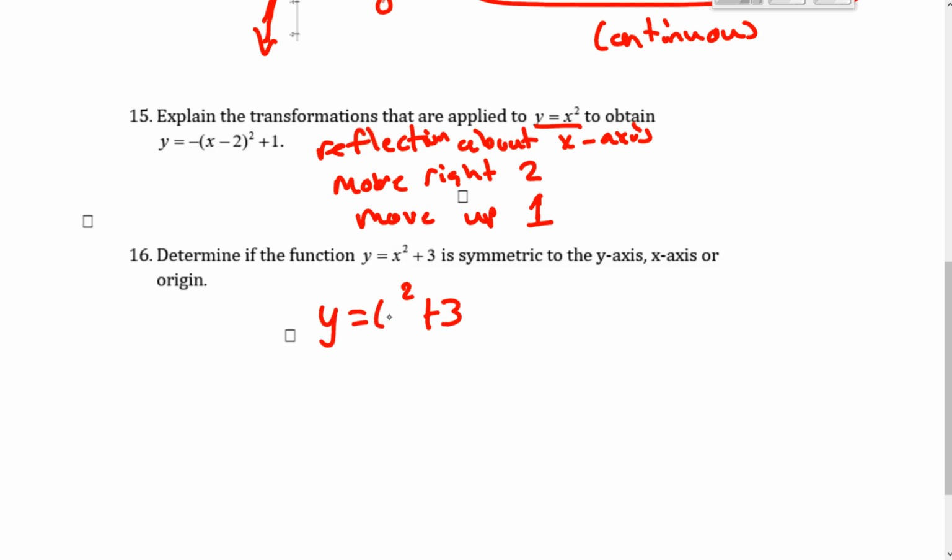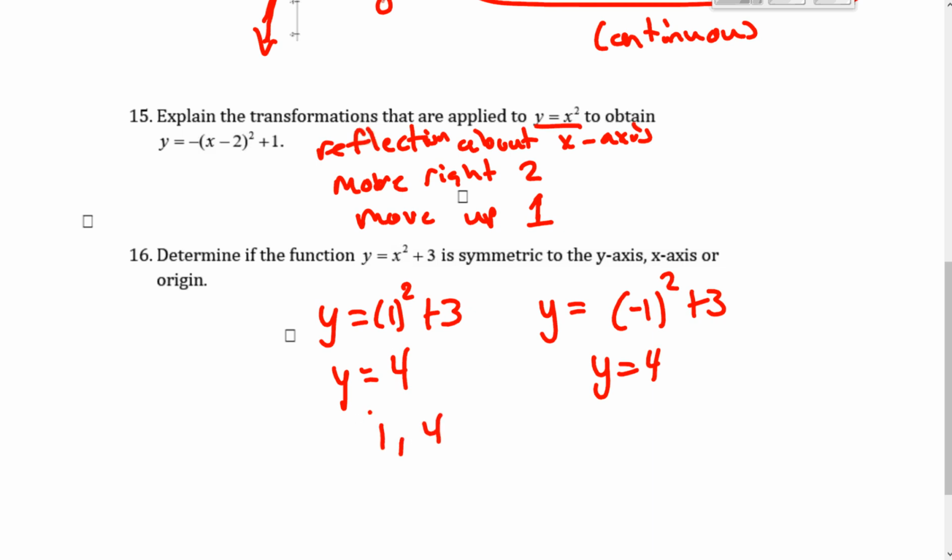So we plug in a number, say 1, and I solve this. 1 squared is 1, plus 3 is 4. So we get 4. Then I'm going to plug in -1 and see what I get. So I still get 1, and 1 plus 3 is 4. So I still get 4. Because I got this point (1, 4), and then I did the opposite of that and got the same answer, that means it's symmetric about the y-axis.